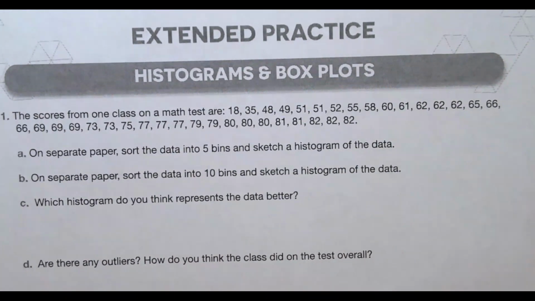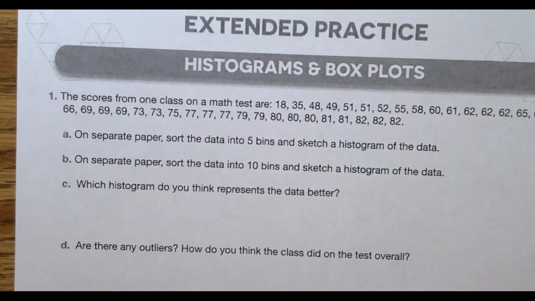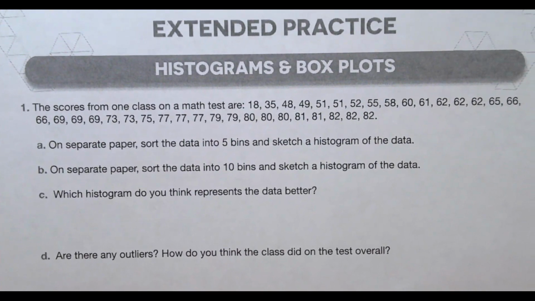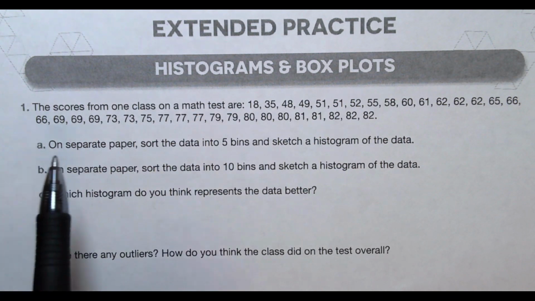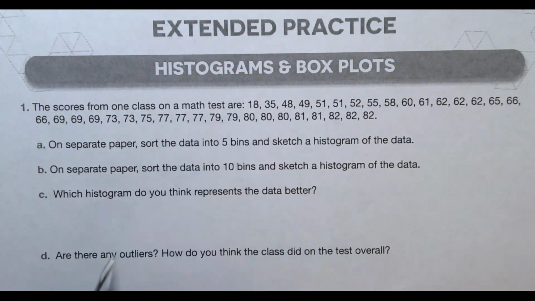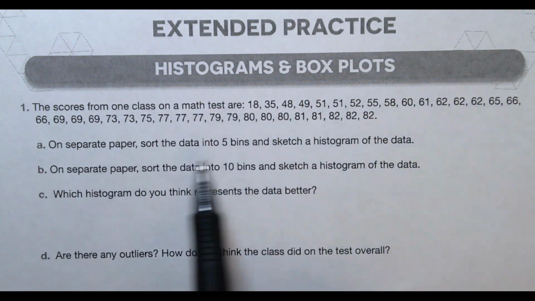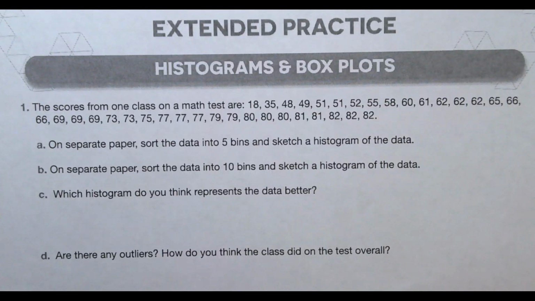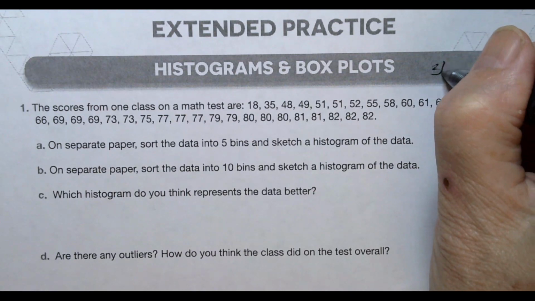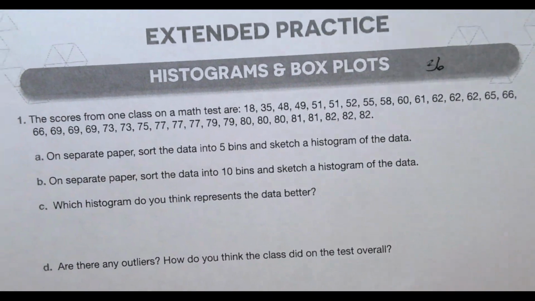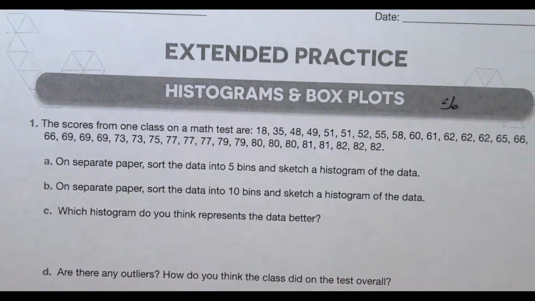Okay, so number one, we have this set of data right here. It says the scores from one class on a math test, and here's all the data. If you count it, there are 36 different pieces of data.